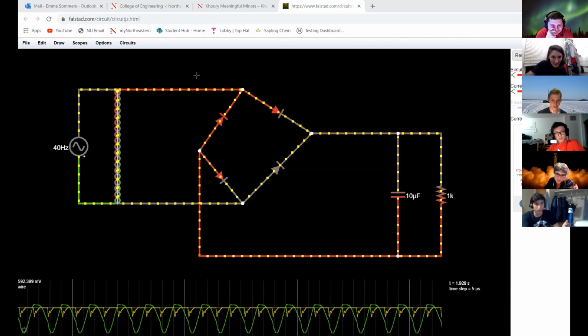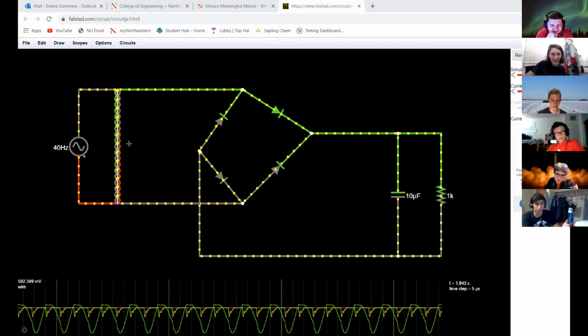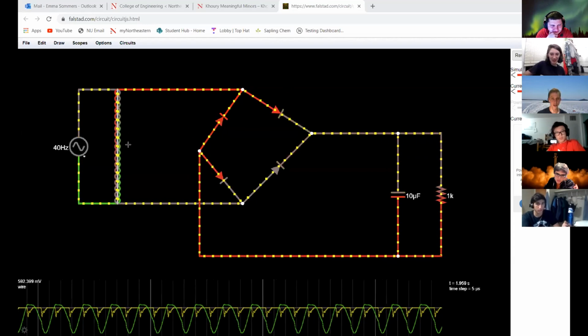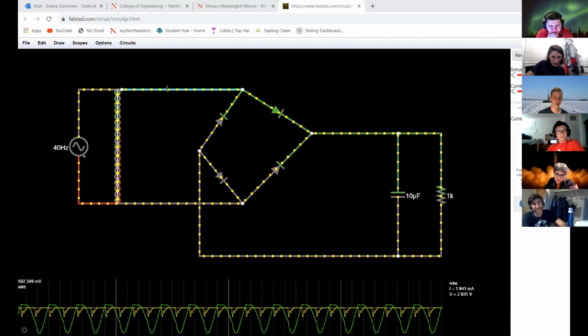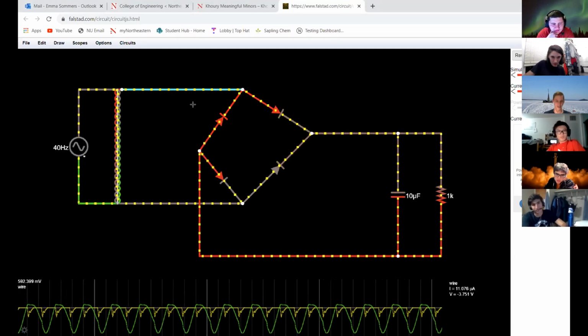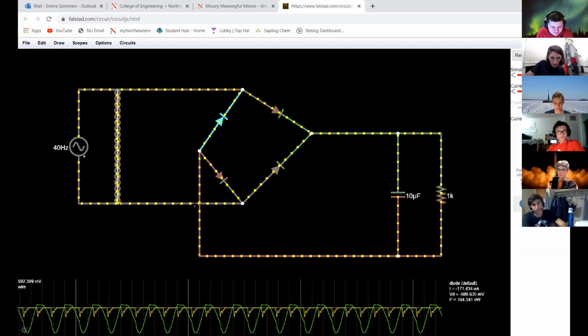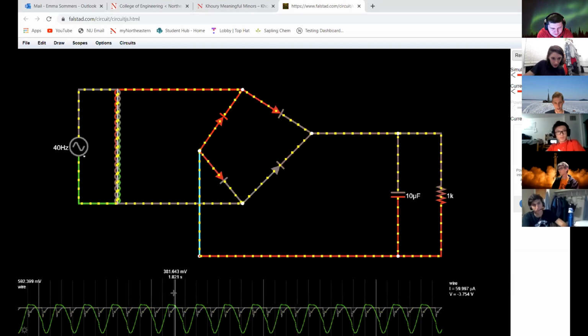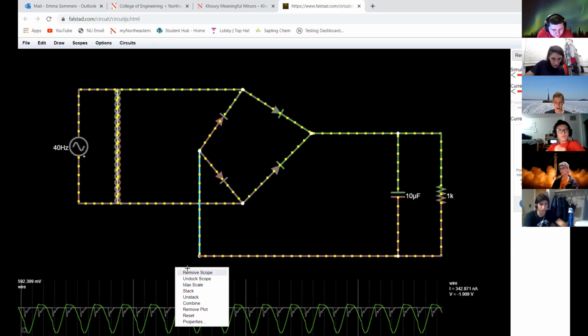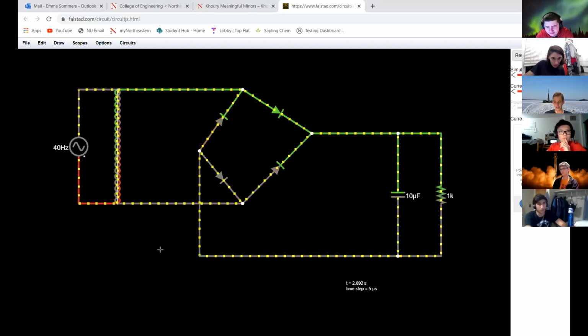It's very odd. Wait, where are you measuring your current? I have no idea. How do I remove that scope? Right-click on the scope at the bottom, and then right-click on the resistor.